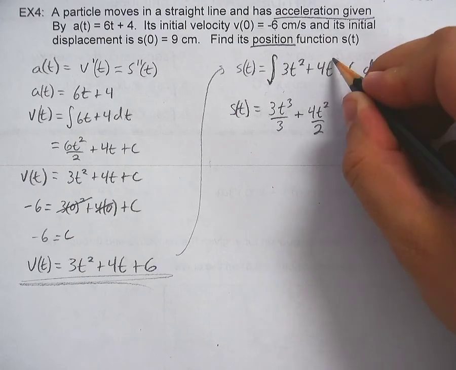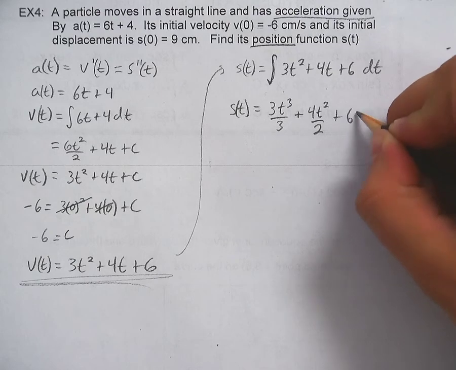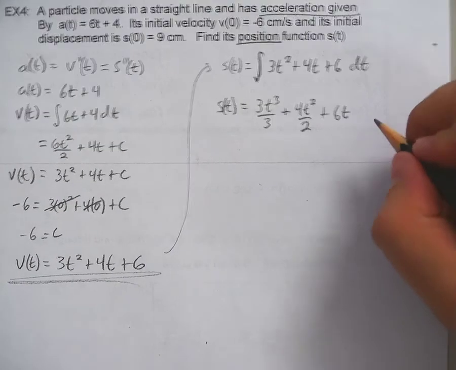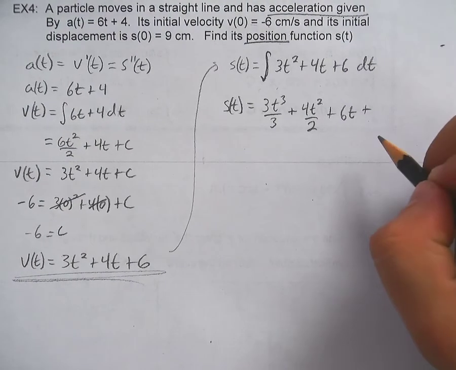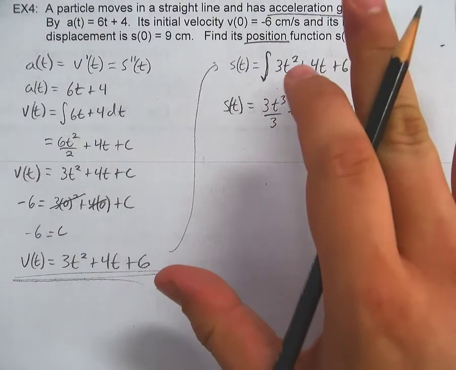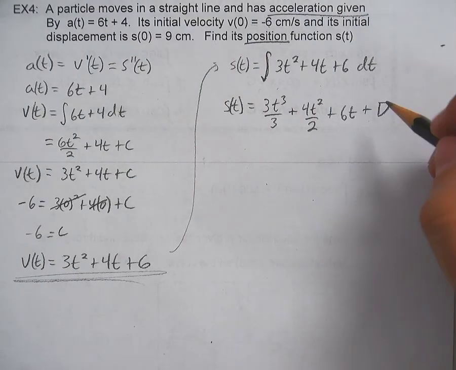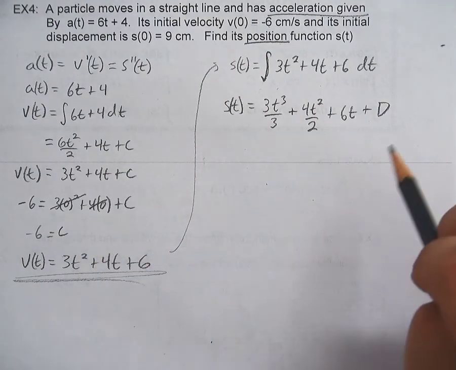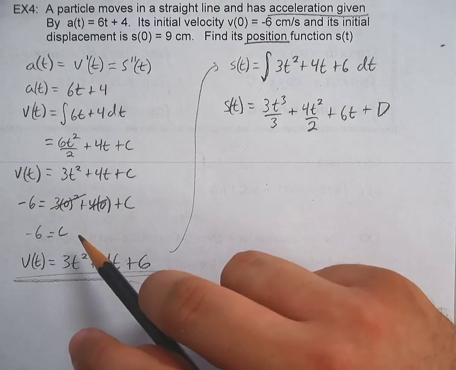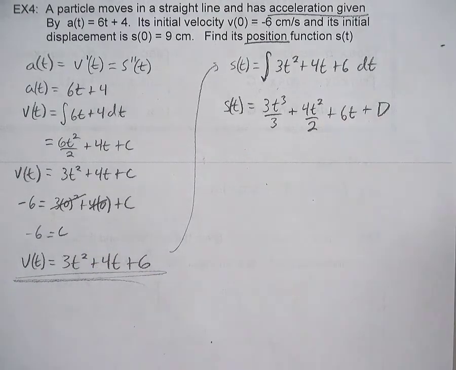Remember, it's the exponent plus 1 over that number, plus 6t, plus, now, since I already solved for c, just to keep myself from getting annoyed, I'm going to use d, so I know it's a different number. It's not negative 6. If you already give c a value, don't call this c, because that's going to say, oh, well, it's negative 6, and it's not.